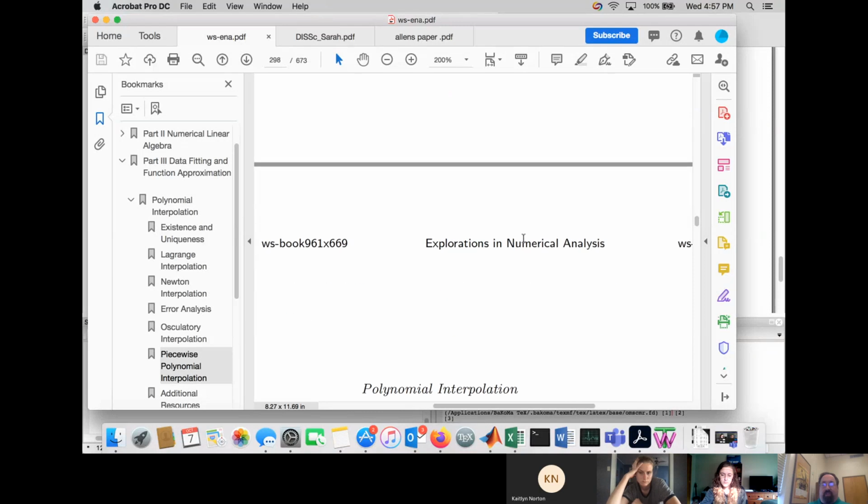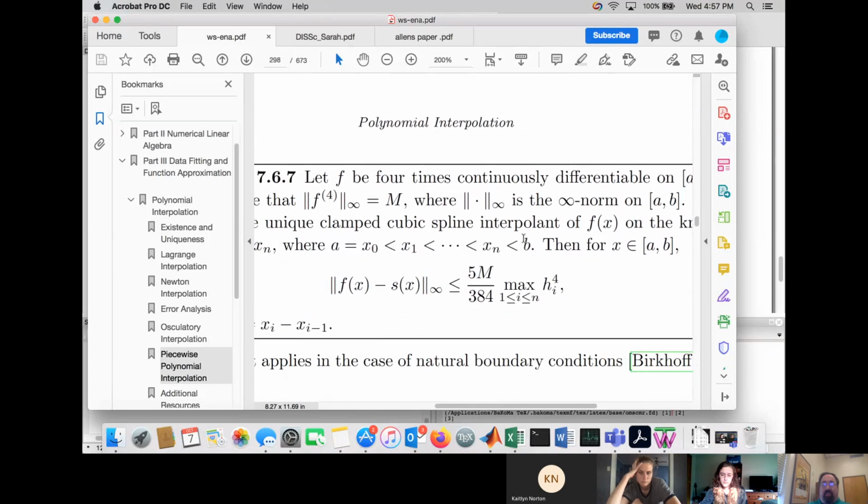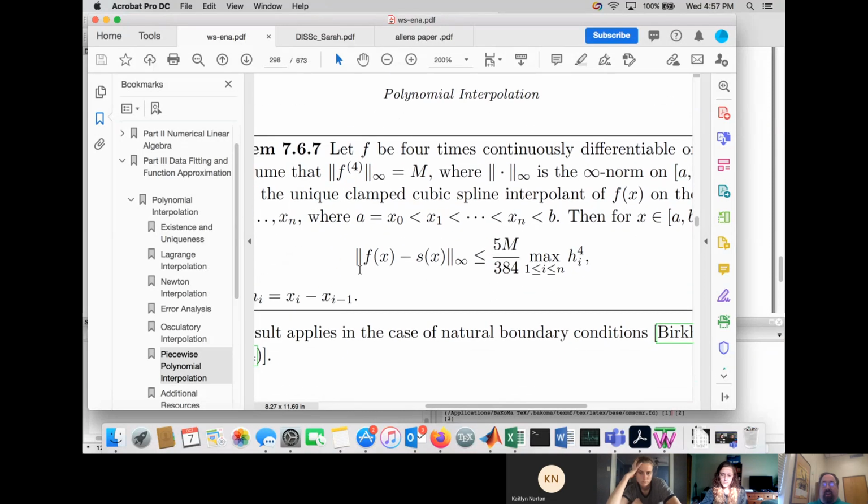Another thing we're pointing out is this result. So we have the cubic spline with clamped boundary conditions satisfies this bound on the error. So it's less than this constant, where m is the maximum of the 4th derivative in absolute value. And then here we have a spacing raised to the 4th power.